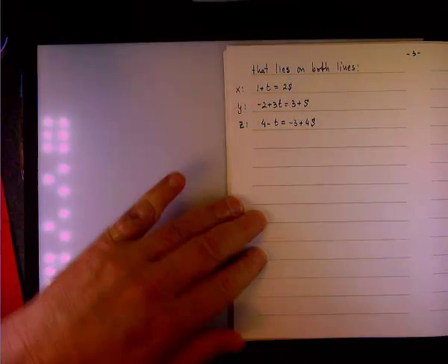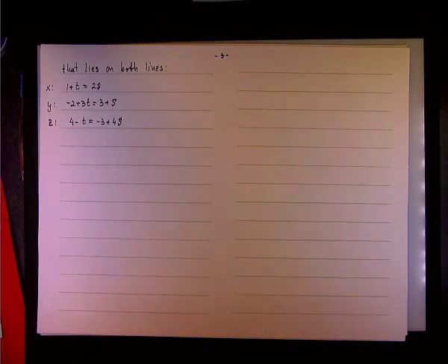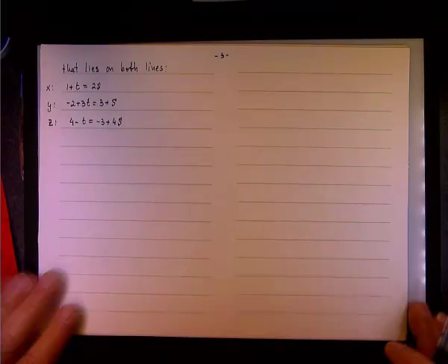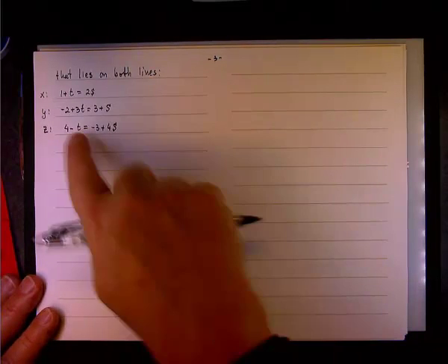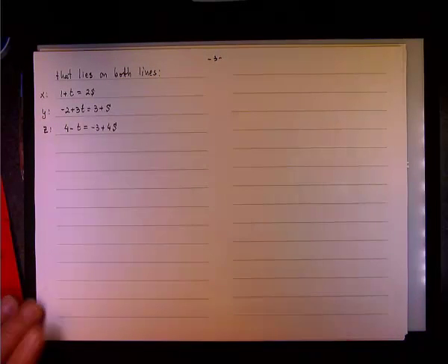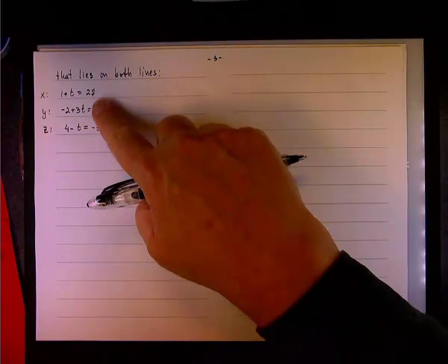The y value: negative 2 plus 3t must equal 3 plus s. And the z component: 4 minus t must equal negative 3 plus 4s.